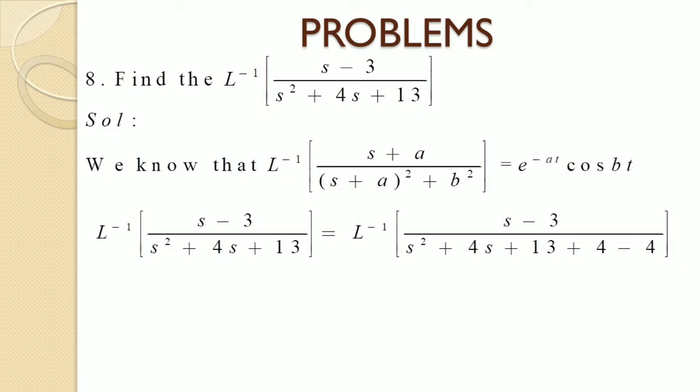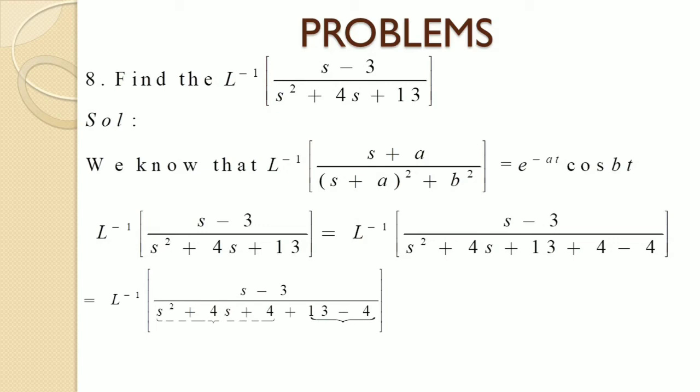We are adding plus 4 and subtracting 4, so that we'll be getting L inverse of (s minus 3) by (s squared plus 4s plus 4 plus 13 minus 4). So this s squared plus 4s plus 4 can be written as (s plus 2) the whole squared, and this 13 minus 4 can be written as 9.